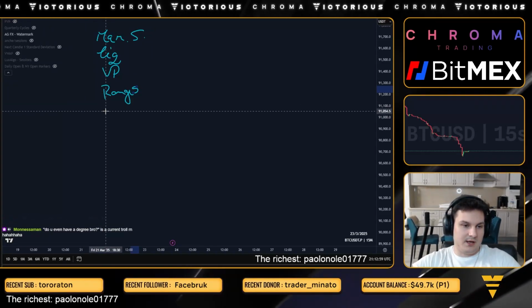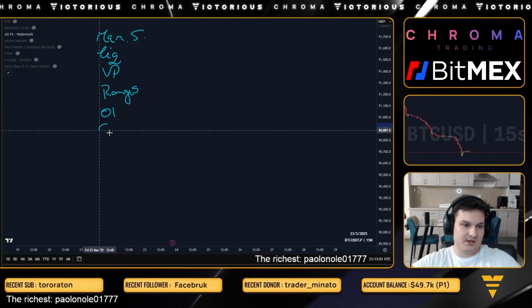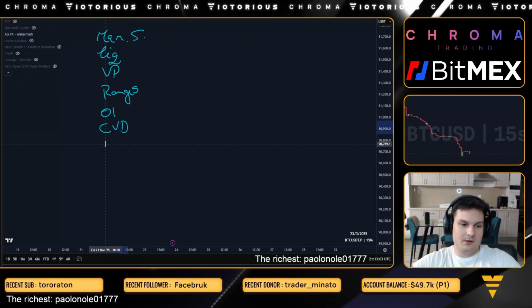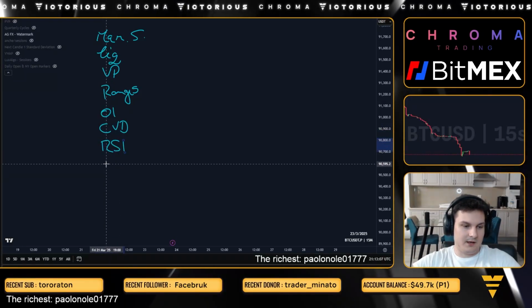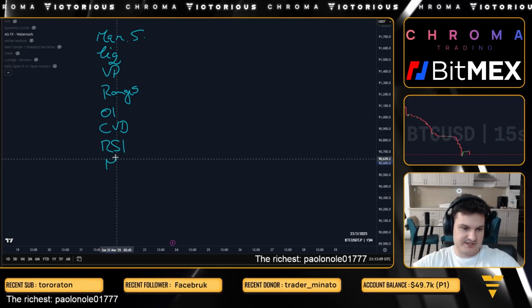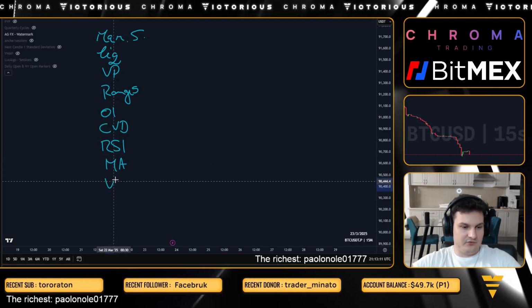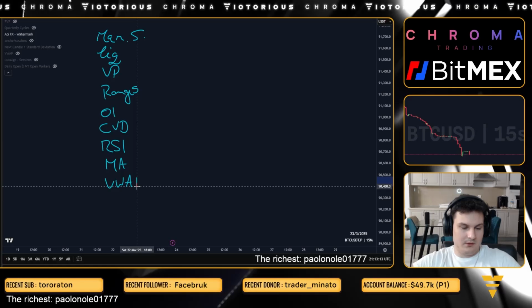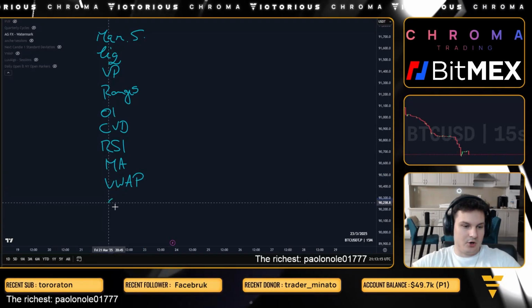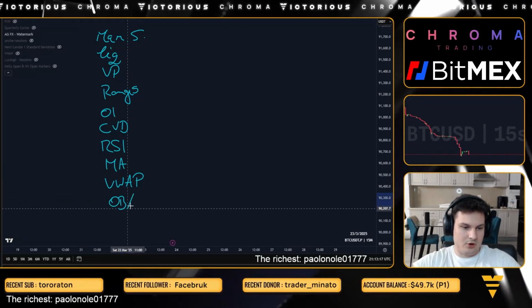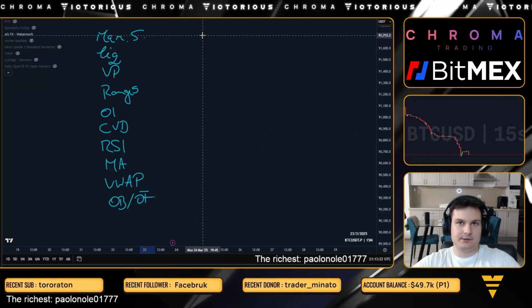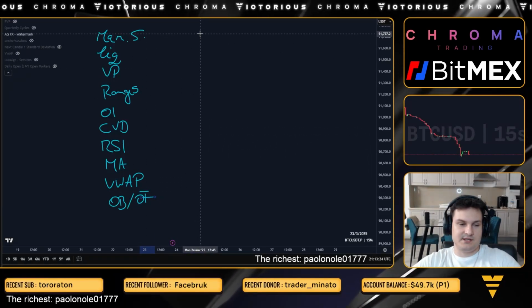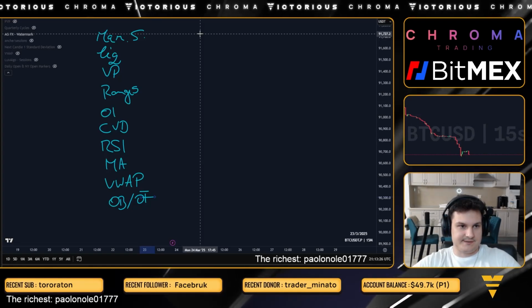You can look at open interest, CVD, RSI, moving averages, VWAP. You can look at the order books or order flow. Tell me other things that you can look at to open trades.